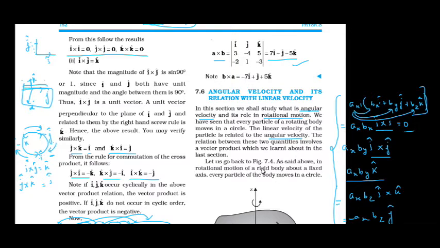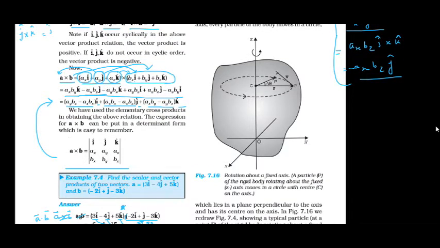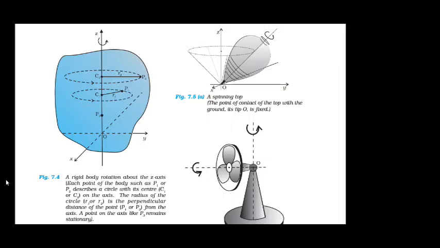Let us go back to figure 7.4. Let us review the figure again. A rigid body rotating about the z-axis: each point of the body, such as P1 or P2, describes a circle with the center C1 and C2 on the axis.